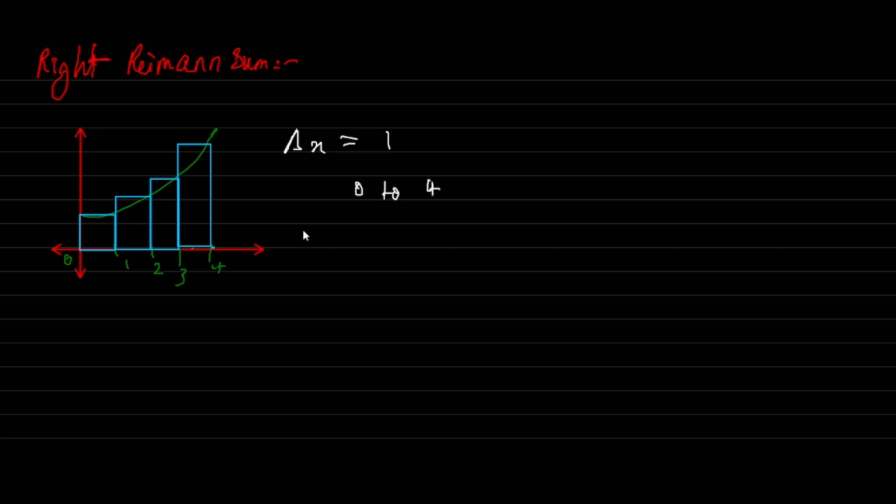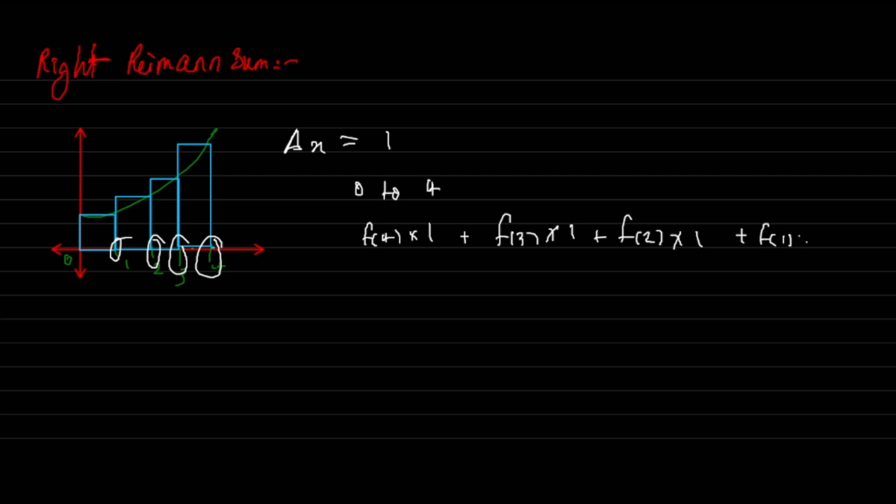This is what happens when we're doing a Riemann sum, right? So when we add the areas of these rectangles, since we're starting from the right, it's going to be f of 4, f of 3, f of 2, f of 1. So it's going to be f of 4 times 1 plus f of 3 times 1 plus f of 2 times 1 plus f of 1 times 1.